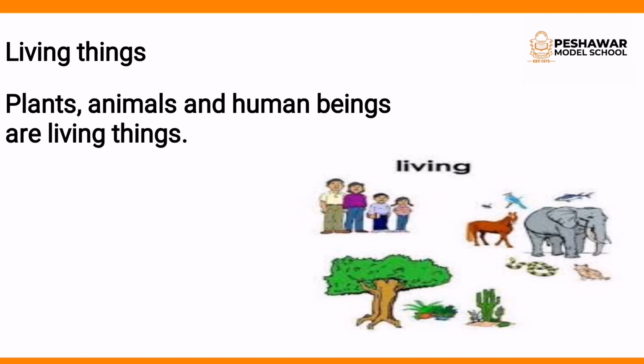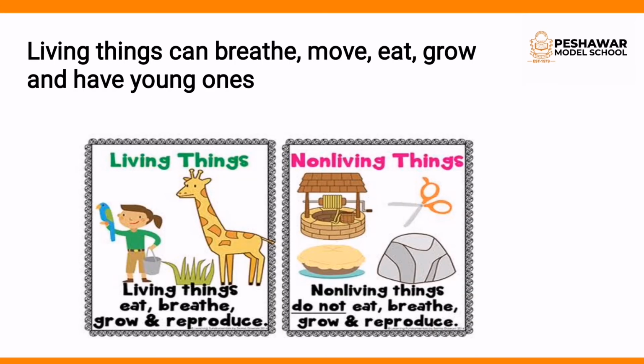Living things breathe, living things move, living things eat, living things grow, and living things have young ones. Why are plants, animals, and human beings living things? Because they can breathe, move, eat, grow, and they have young ones.